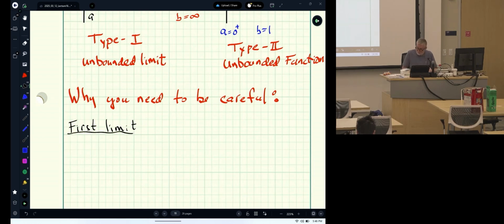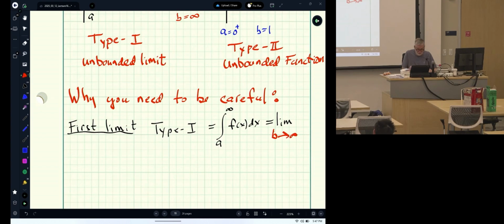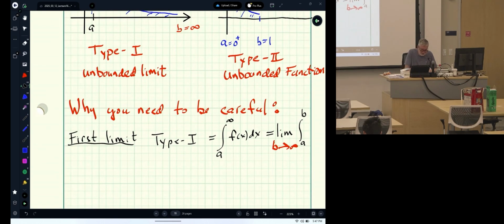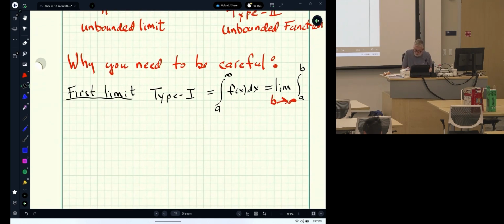First limit, okay, type 1. The integral from a to infinity of f of x dx is equal to the limit b goes to infinity, integral from a to b, f of x dx.